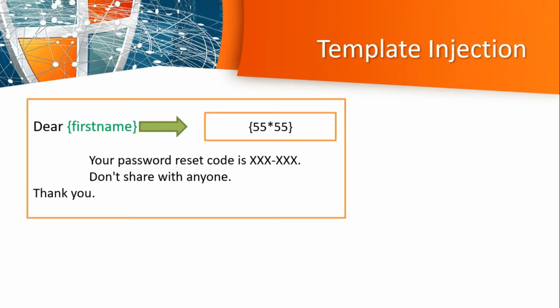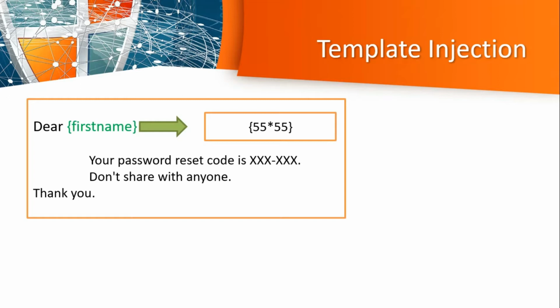Now let's understand template injection. Template injection occurs when user input is embedded in a template in an unsafe manner. Consider any bulk mailing application, and that application is using a particular template for its task. Let's take a first name as input and pass it into a template.